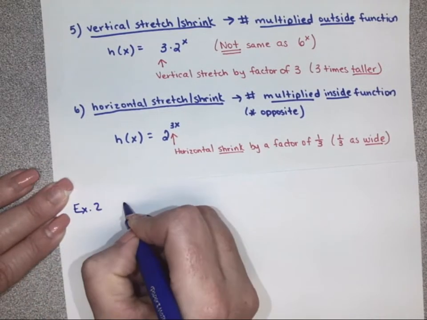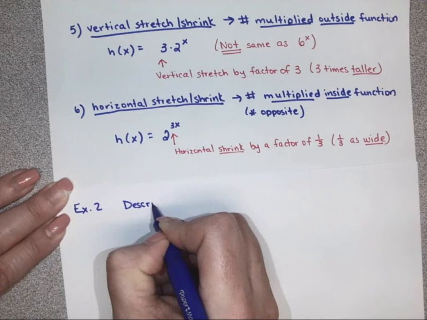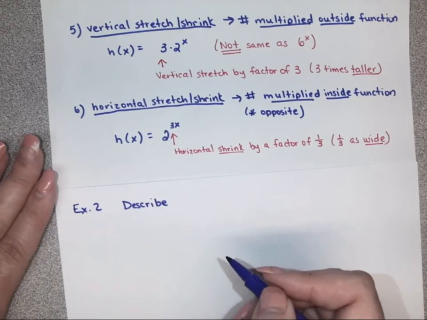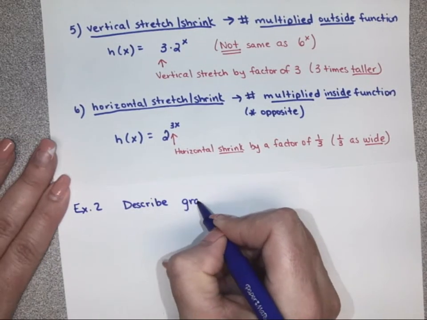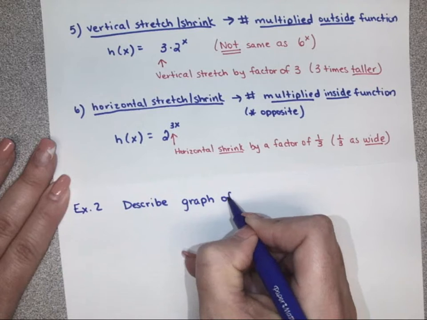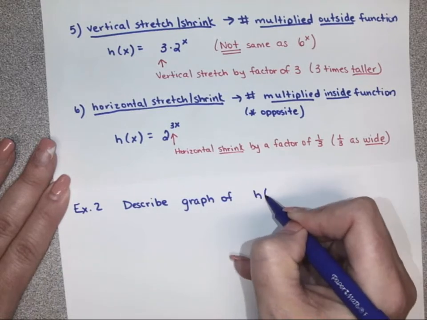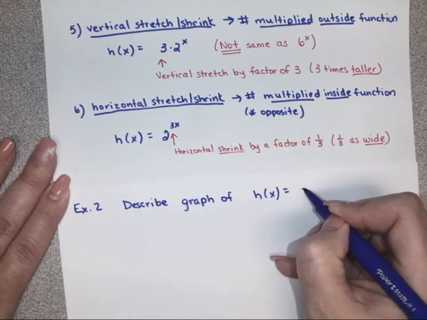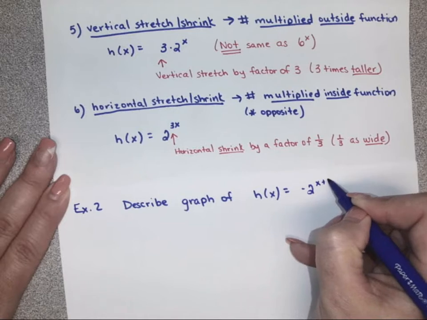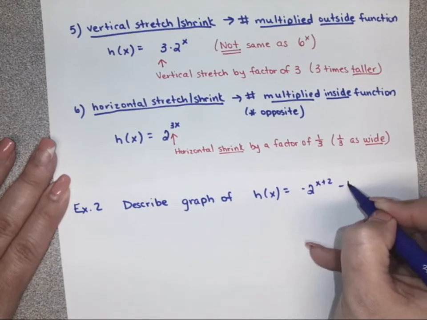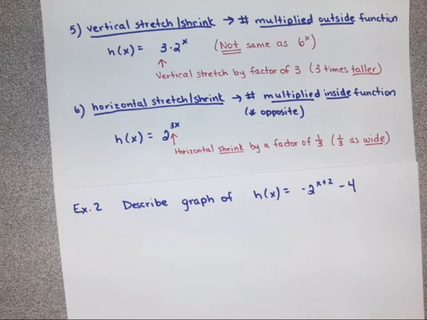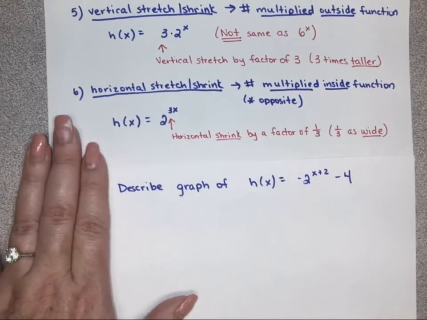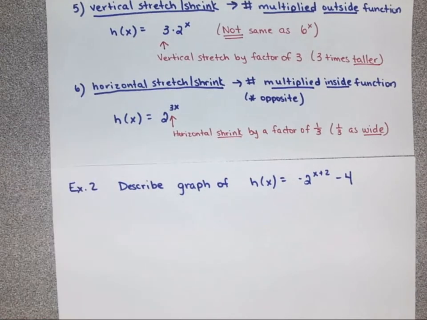So maybe without graphing, let's see if we can describe the graph of h of x equals -2 to the x plus 2 power, minus 4. First we're going to break down what the changes are, and then we need to remind ourselves what order we're supposed to do these changes in, in case you do have to match this up with a graph on MyLab or something.